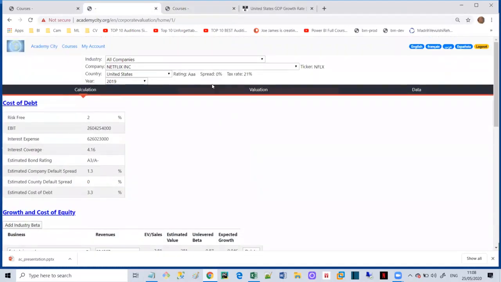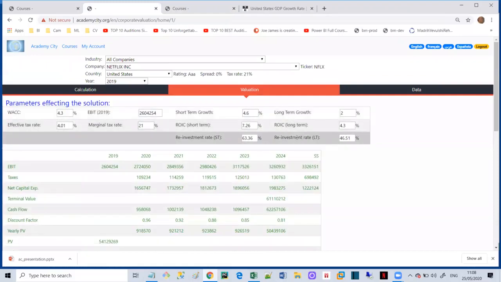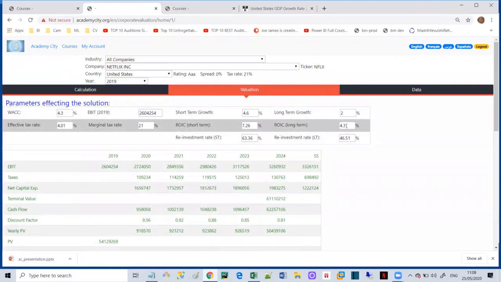If we look at the valuation, we need to use the return on invested capital here. What do you think is sensible? What is a sensible assumption in the long run? Anybody?